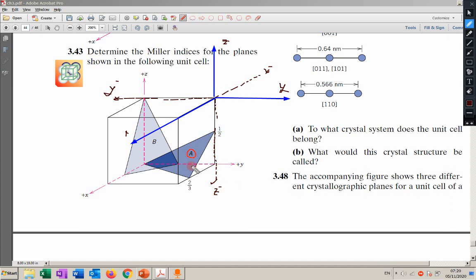Now let's look at plane A. Where does it intersect the x-axis? This is the line of the x-axis. Do I know where this plane intersects the x-axis? Many of you may think of this point, 2/3. But this is not on the axis. The axis is here.